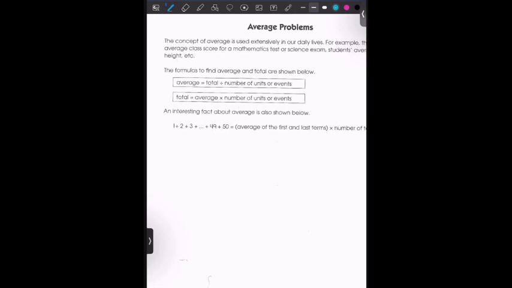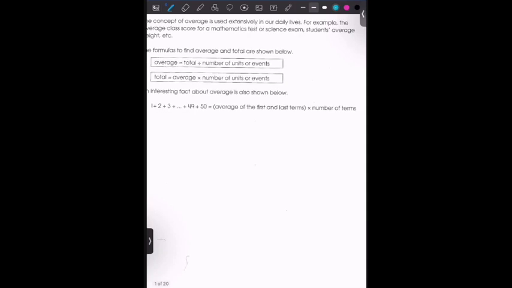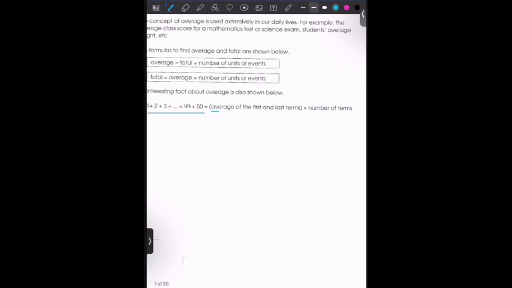An interesting fact about an average can also be shown below. 1 plus 2 plus 3 plus numbers until 50 is going to be the average of the first and last terms times the number of terms.